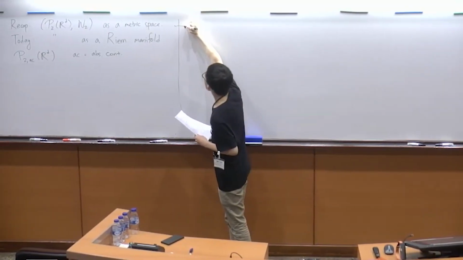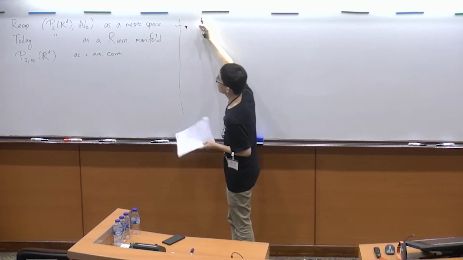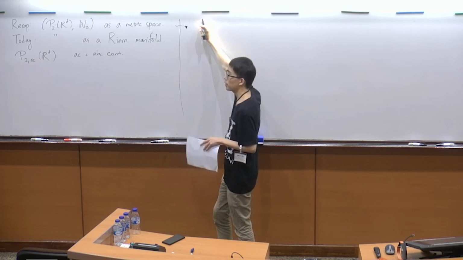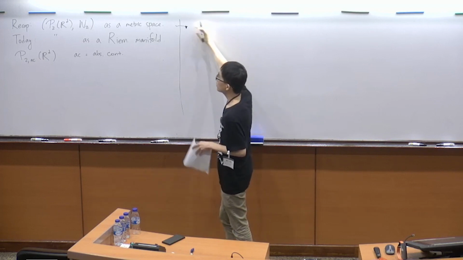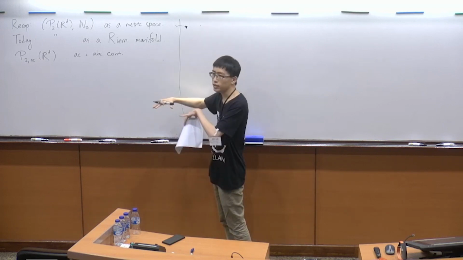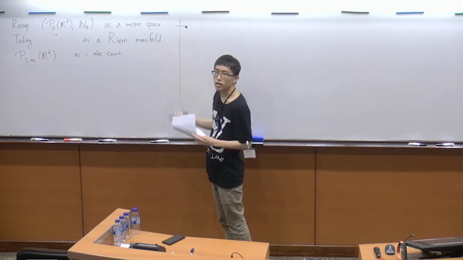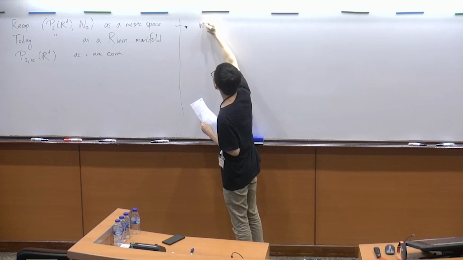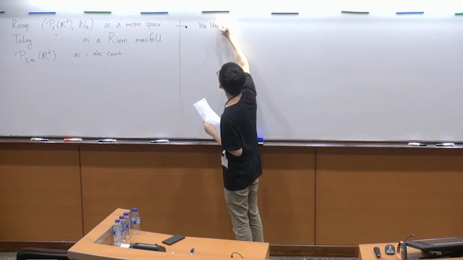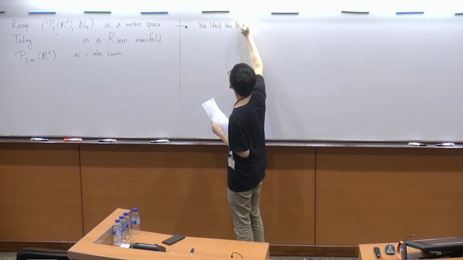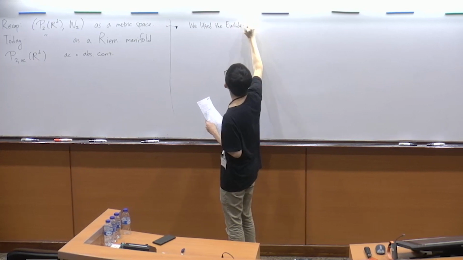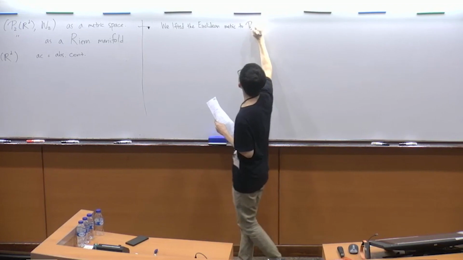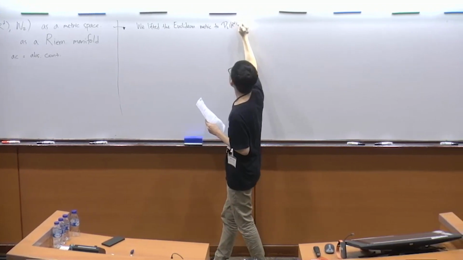Back to this idea of the Wasserstein space as a metric space. One way to think about what we did here was we managed to lift the Euclidean metric up to the space of probability measures.